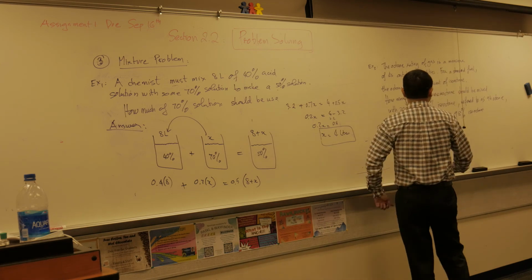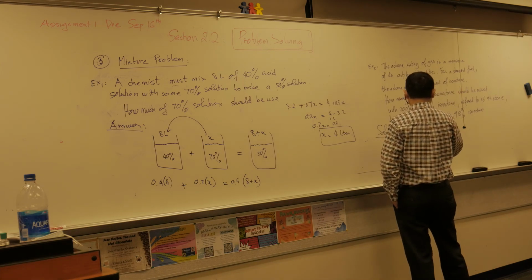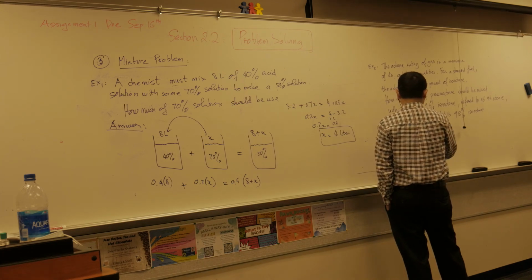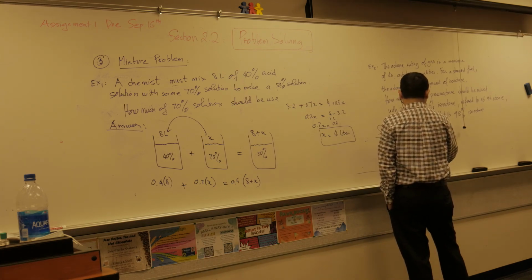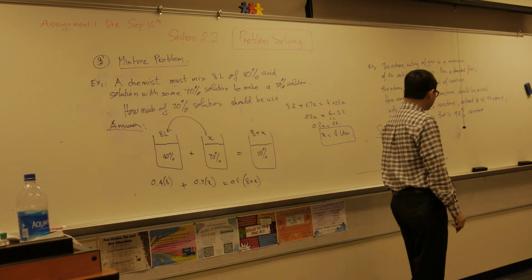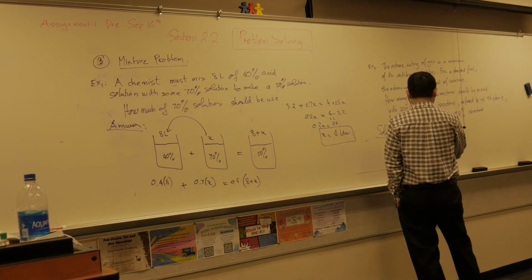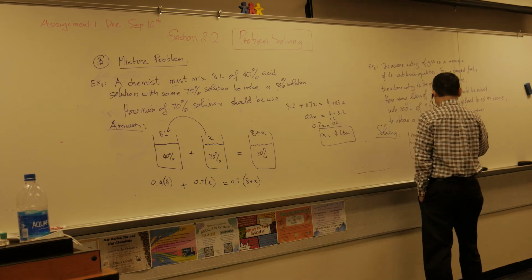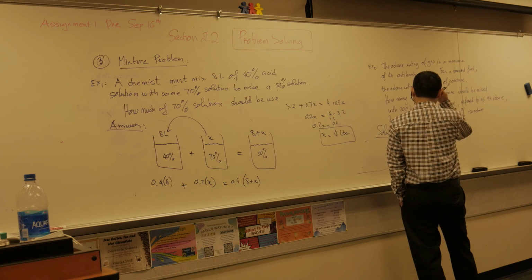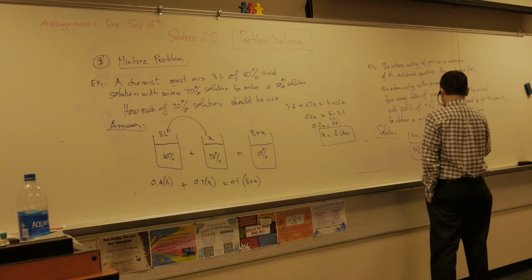So we're just gonna go ahead and draw the picture. So I have 94%, 200 liters, and you have pure isooctane. So it'll be 100%, right?